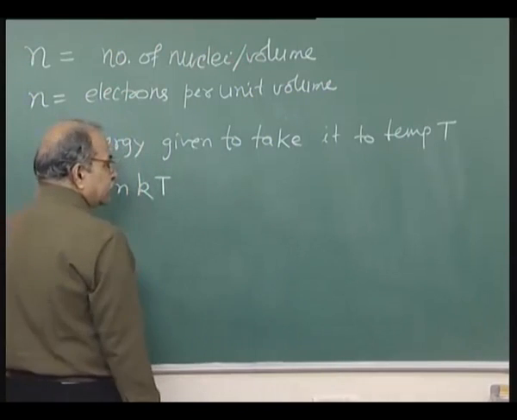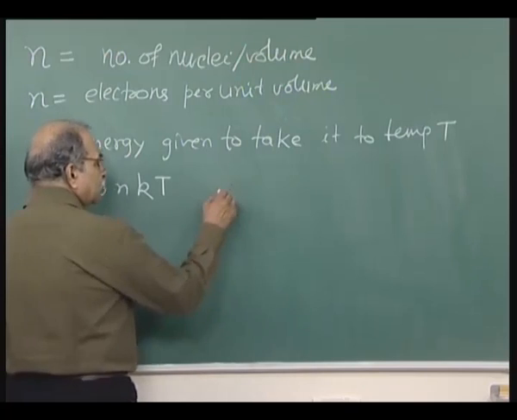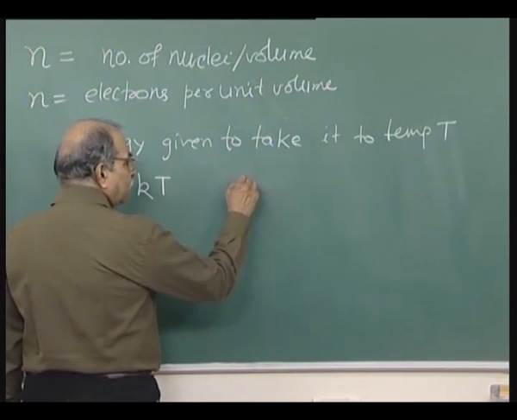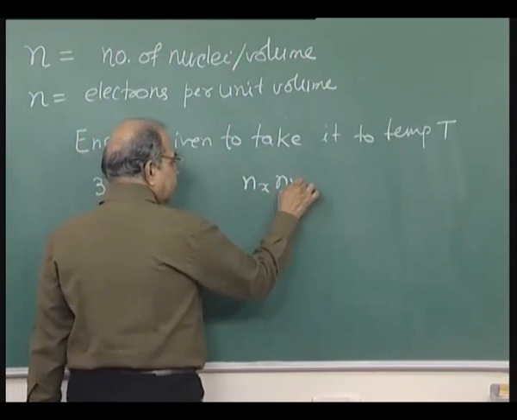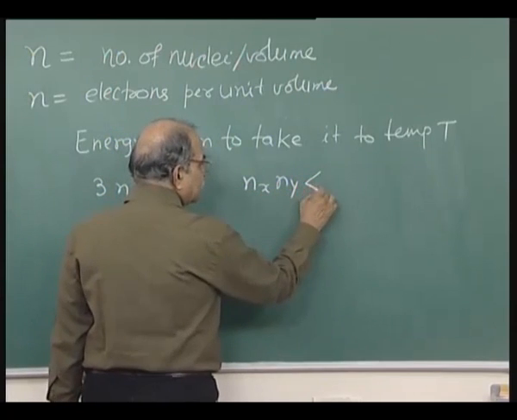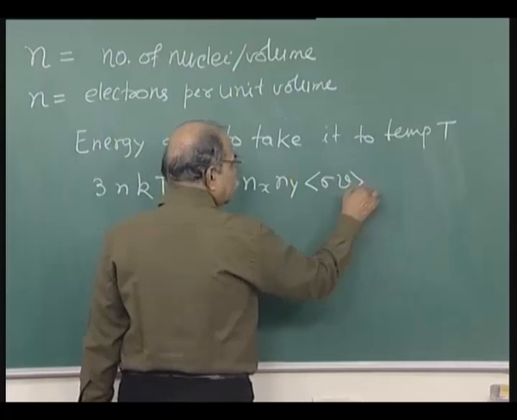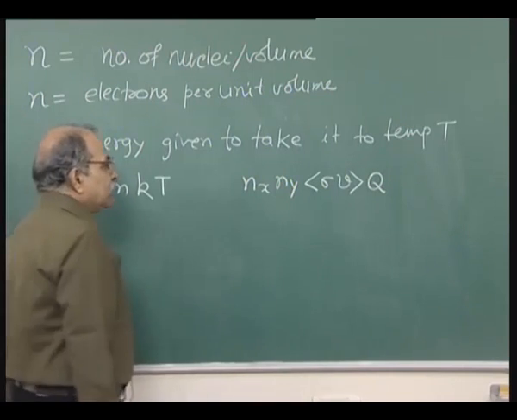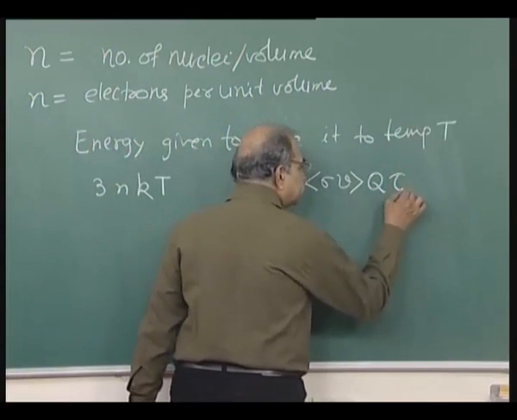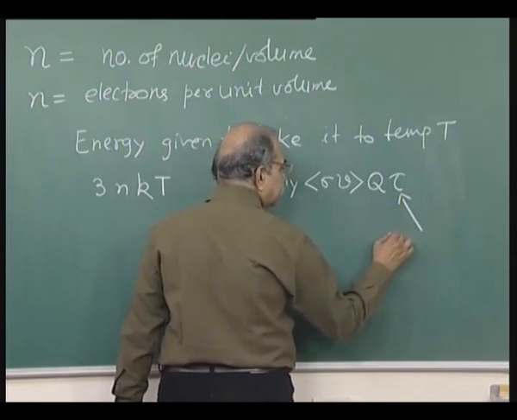The energy which is produced per unit volume per unit time is Nx Ny sigma v into Q, multiplied by tau, the confinement time.